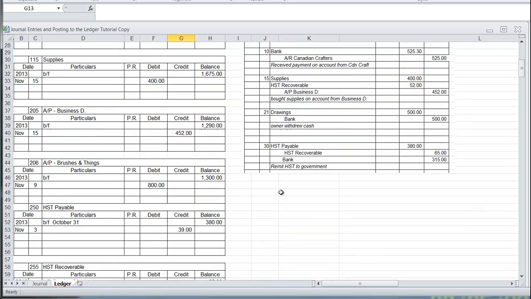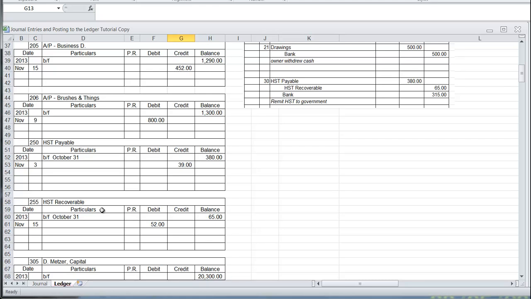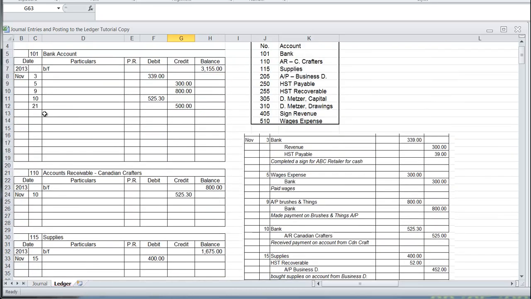So this is when we did the remitting to the government. So this is from the 30th. And HST payable was a $380 credit, so $380 here. And the HST recoverable from the 30th, it was credited $65, so $65 there. And then of course we have the $315 credit to bank. So this is from the 30th, $315, and that should be all the transactions entered in the journal.